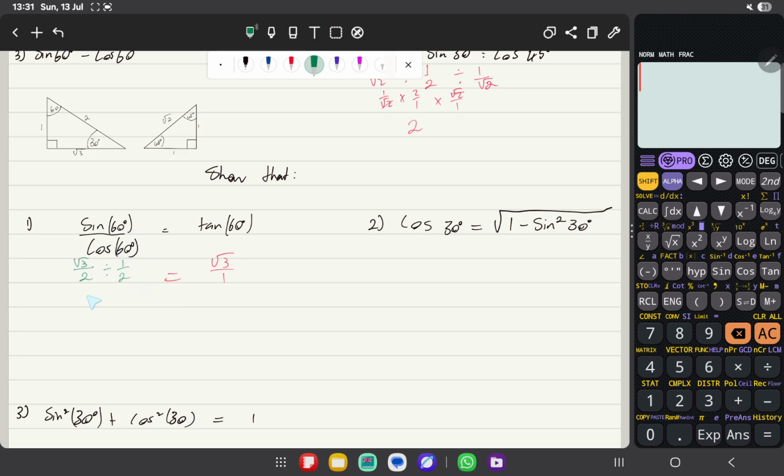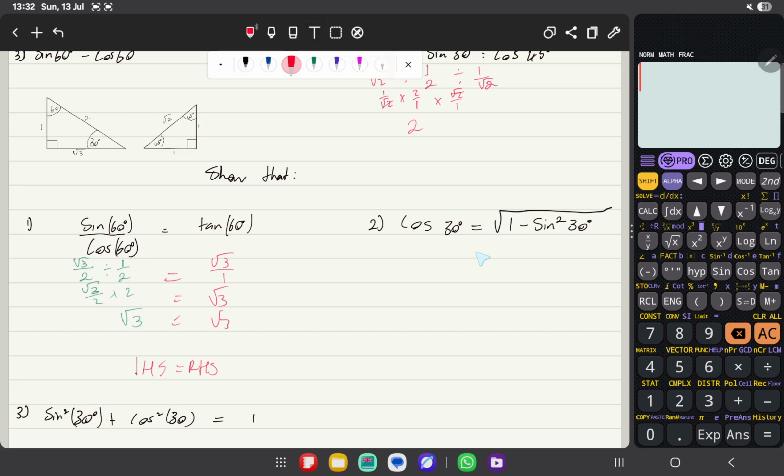Then you have square root of 3 over 2 multiplied by 2, and you end up with square root of 3, which equals square root of 3. So left hand side equals right hand side.